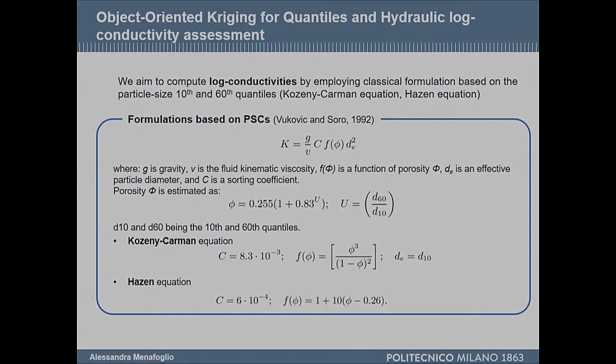These equations are based on some parameters, but mostly on D60 and D10, that are the quantiles 10 and 60 of the particle size distribution. Of course, since we have predicted the entire distribution, we have these two quantiles for free.